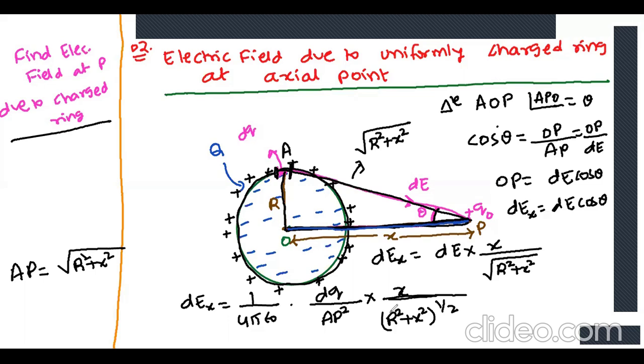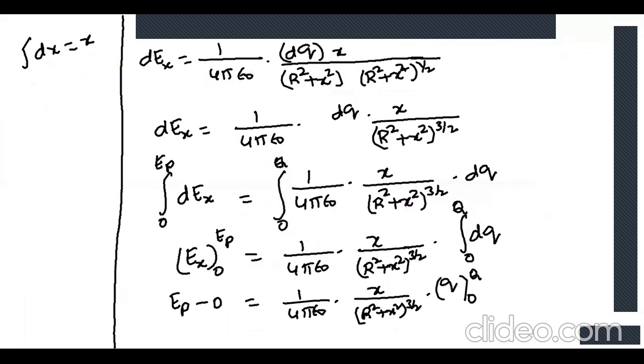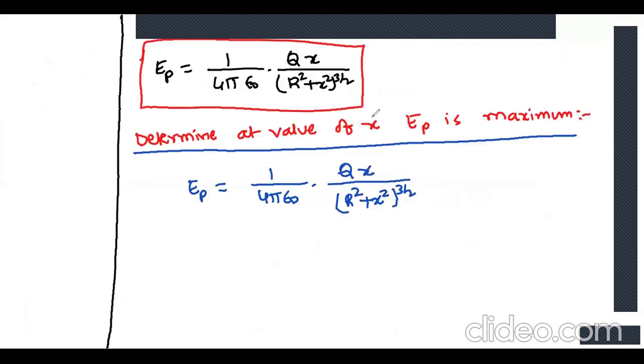As the distance increases, the electric field decreases. So there is a variation between x and electric field, so I'll differentiate it. dE by dx must be equal to 0.